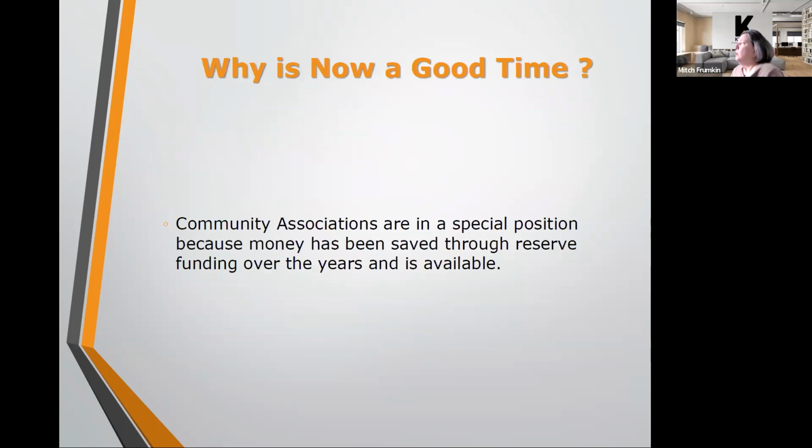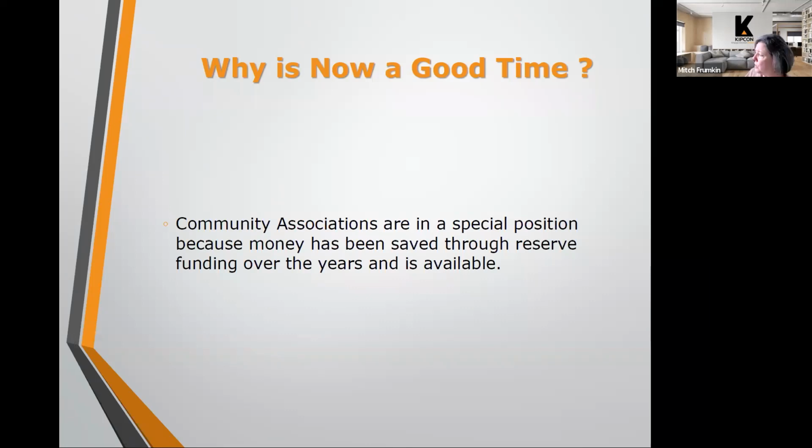So community associations have the unique position of reserving for projects that need to be done for replacement of common area components. So if there's a reserve study in place, the hope is that you should be reserving adequate funds so that when the useful life of a component is reached and it's in poor condition, there's enough funds there to do the project.